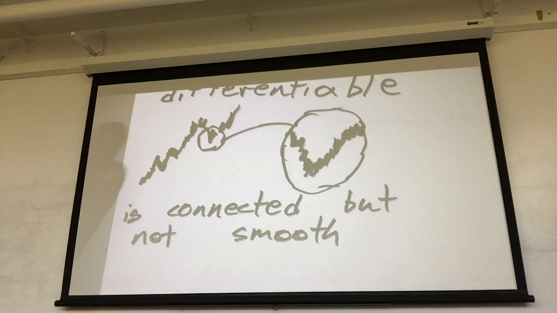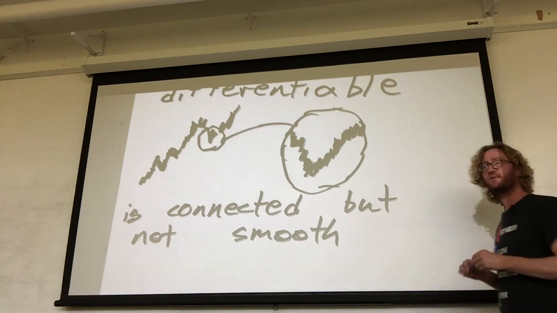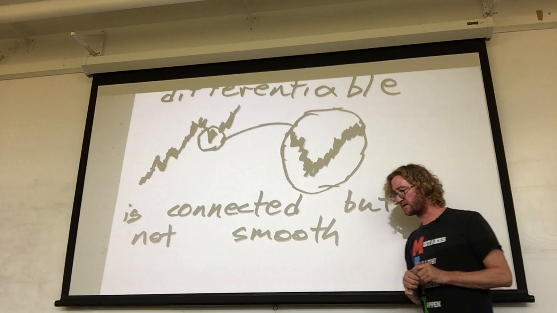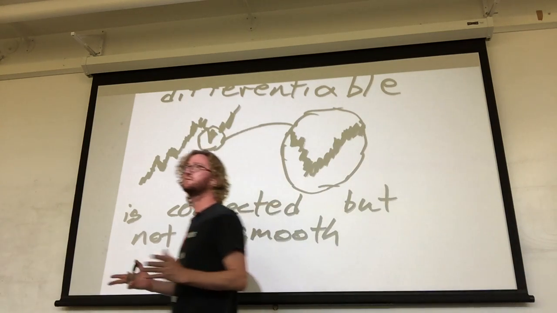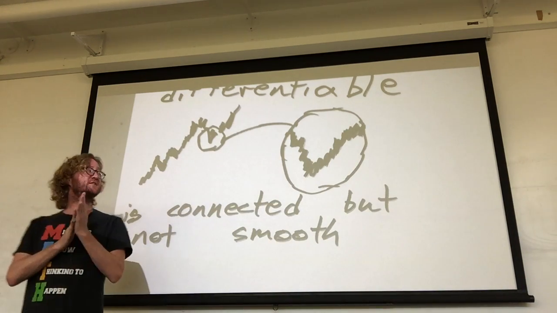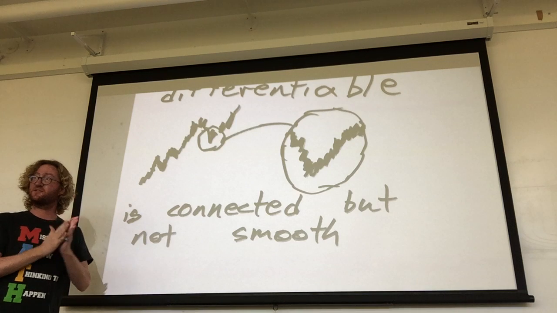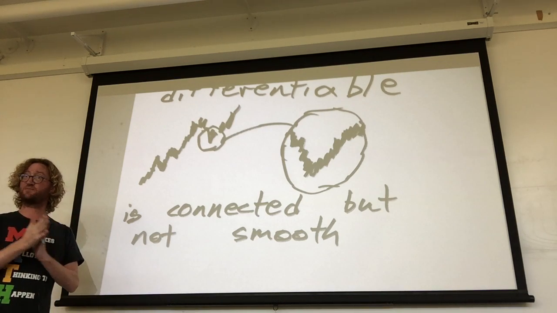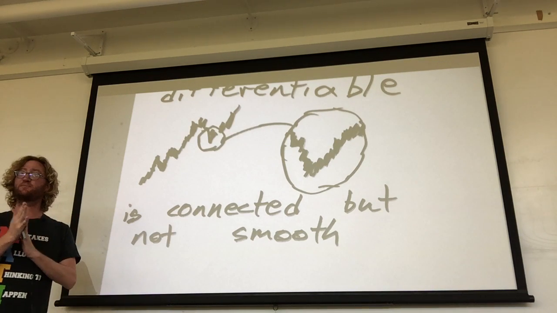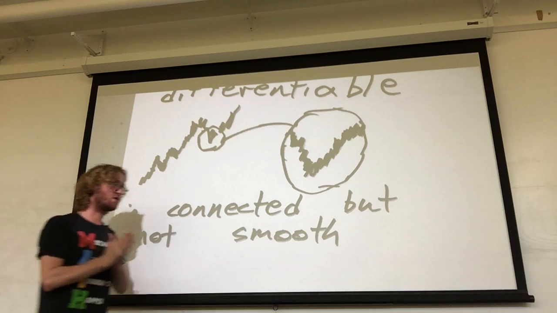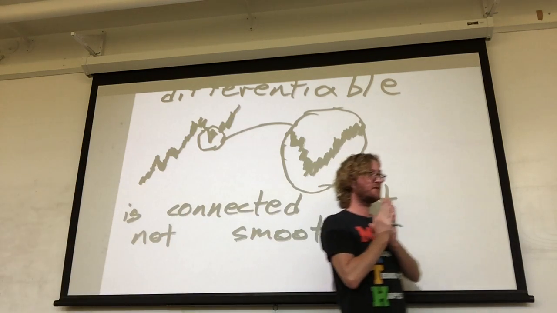Okay. This type of function right here, a lot of times we also call this random walk, okay? A function like this, it is continuous, but it is not smooth, hence differentiability is a stronger condition than continuity.